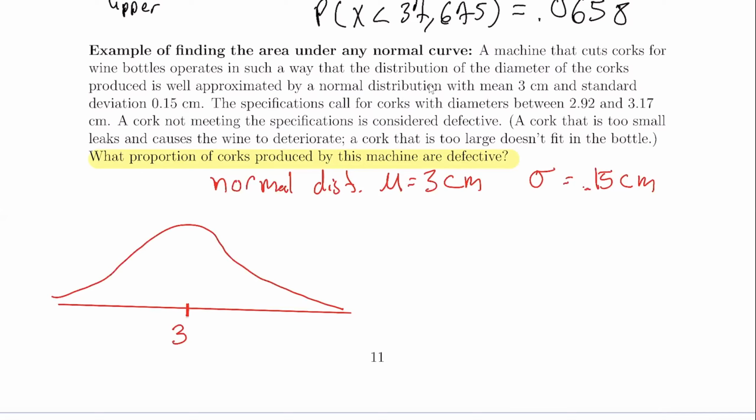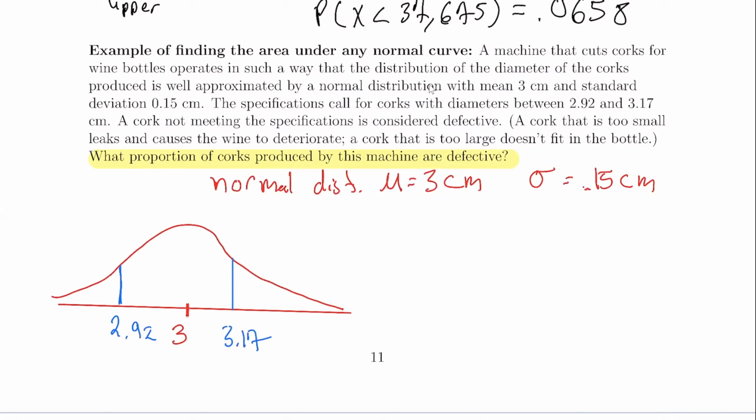So the 3 goes in the middle because that's the mean. All right, so then we have 2.92, and then we have 3.17.